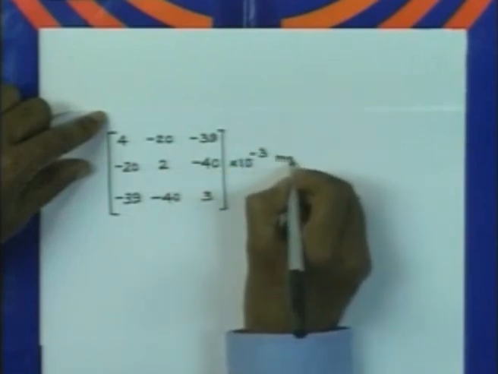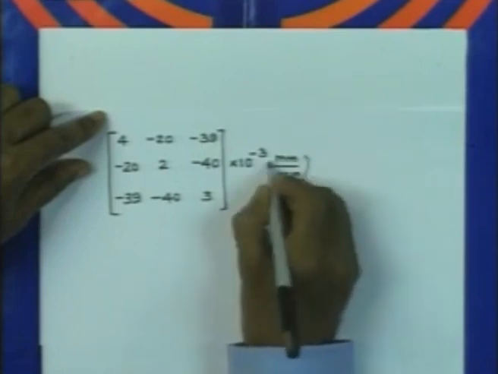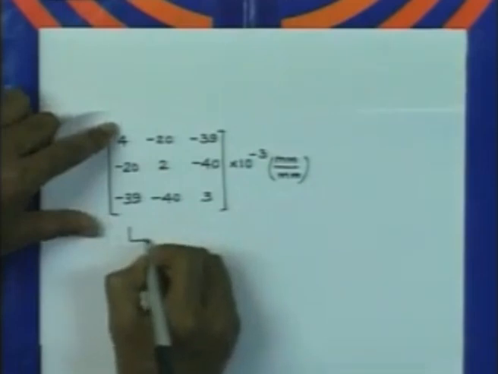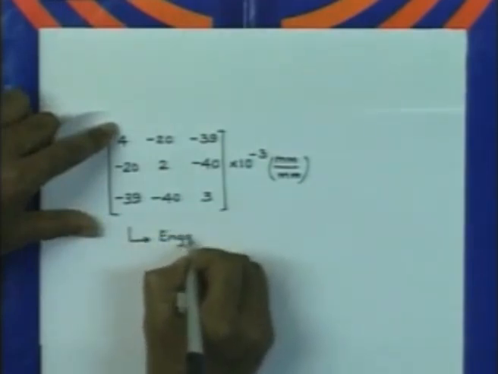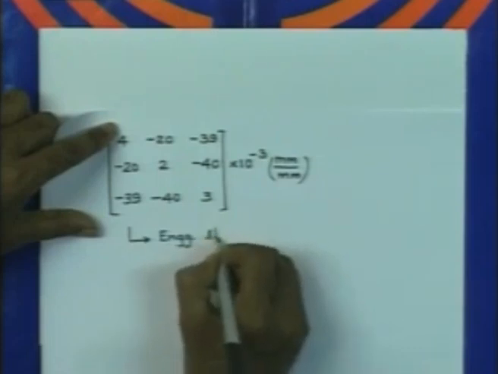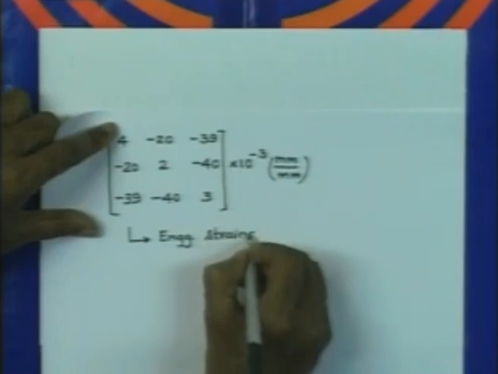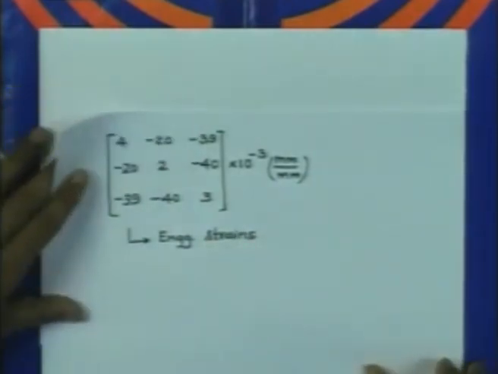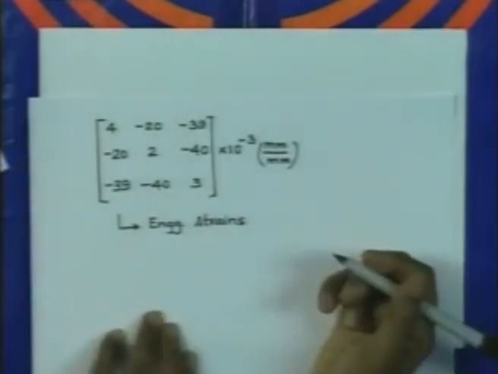This is millimeter by millimeter. So these are the engineering strains at the point P with coordinates 2, 3, 4.